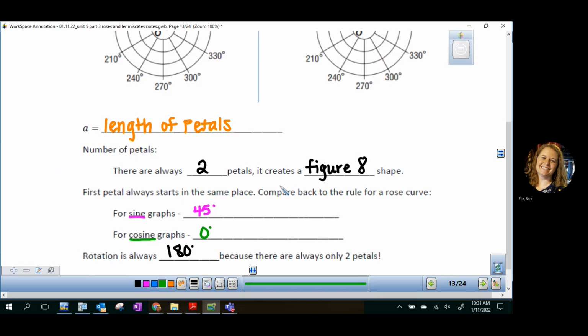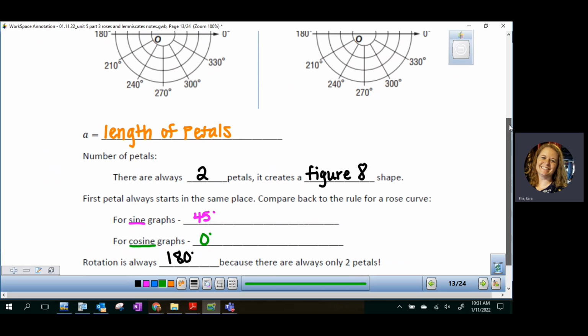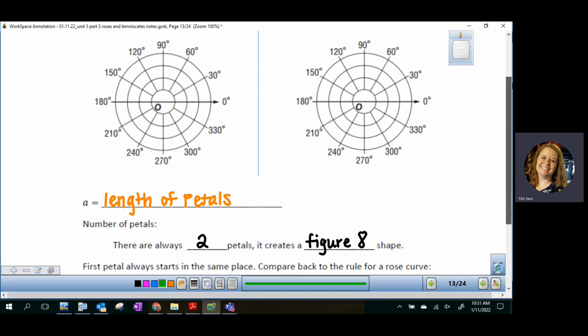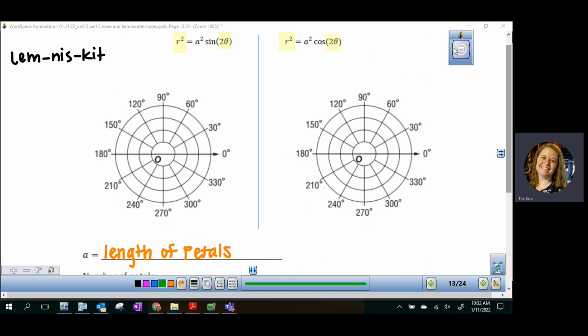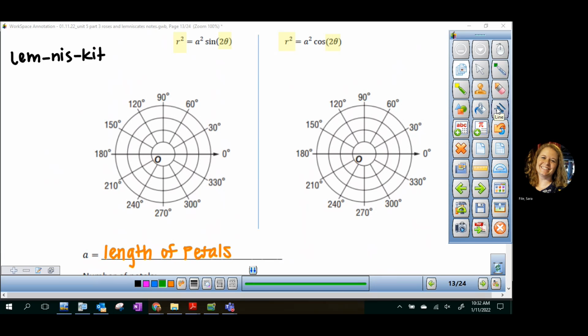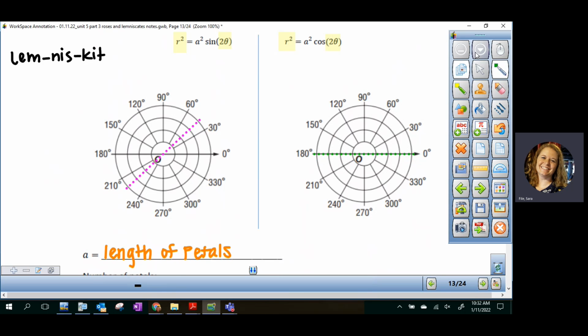So I'm going to go back and sketch an example on these two. If it's helpful to you, you can sketch a dotted or dashed line at the angle that you're drawing the lemniscate, but you don't have to.